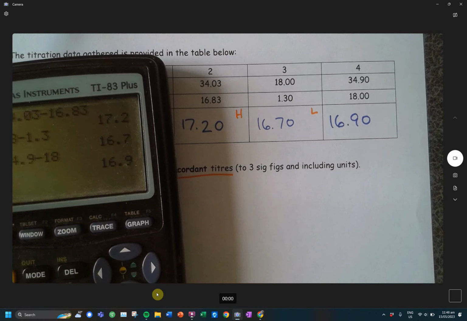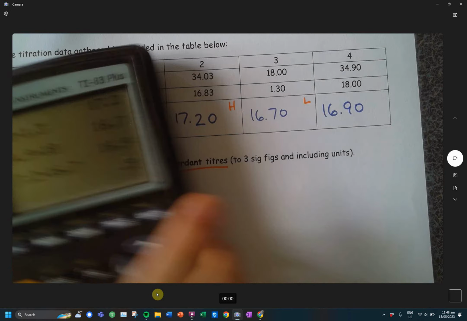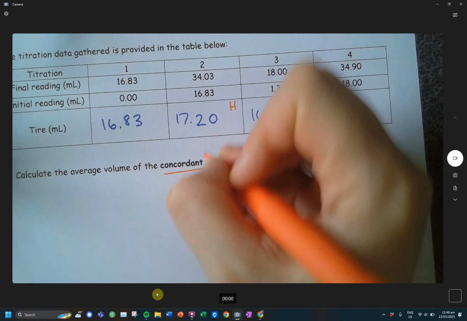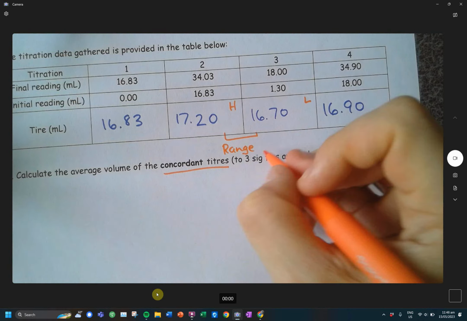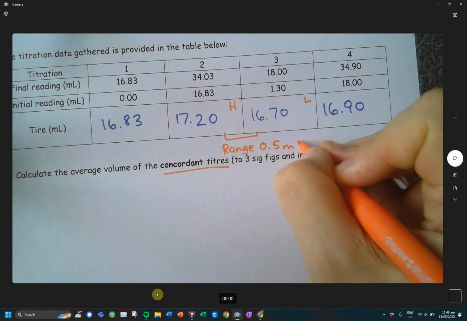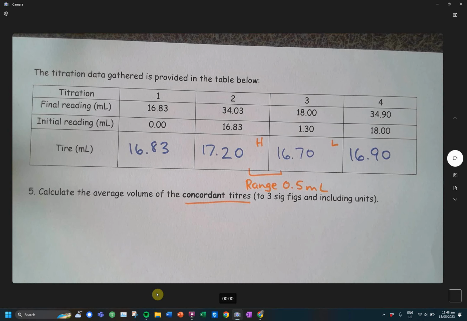All right, so if I do 17.2 and I minus 16.7, I would get the range of 0.5. So if I use this data without eliminating any data point, I will automatically limit myself to an achieved, because that data is not concordant.